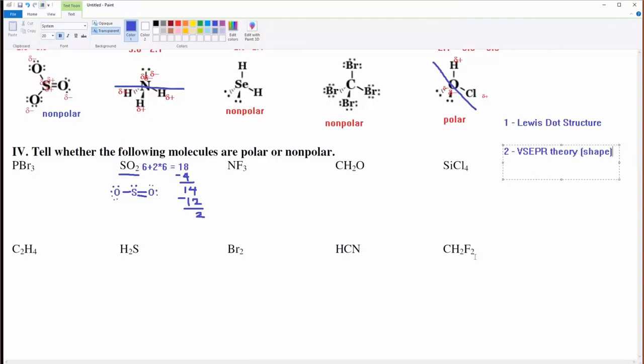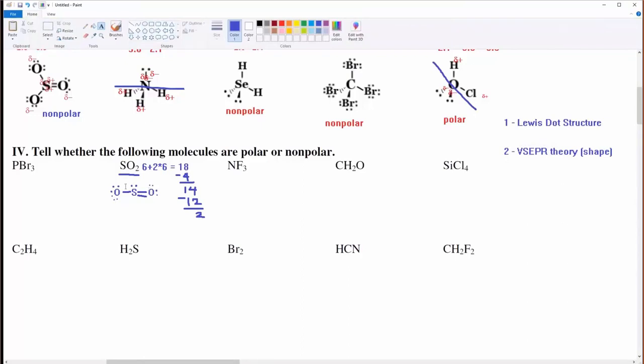Okay, so what is the shape of this guy? Good, Sarah says it's bent. Hopefully you guys can see.